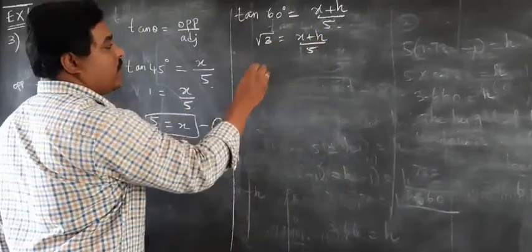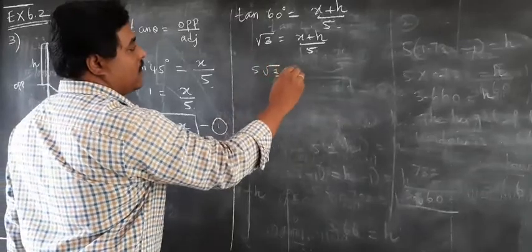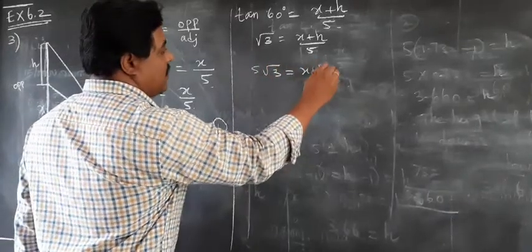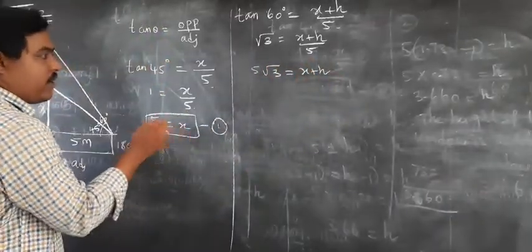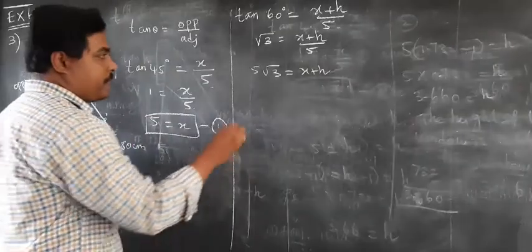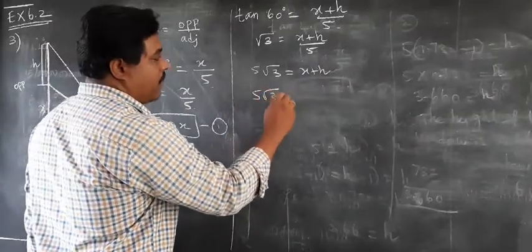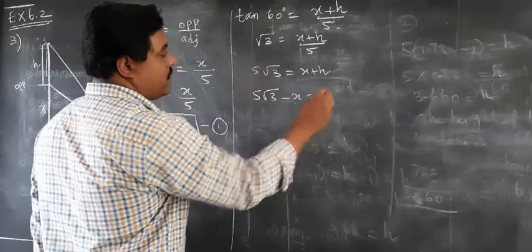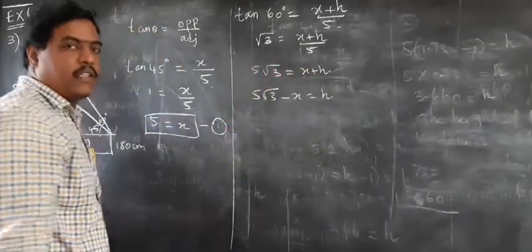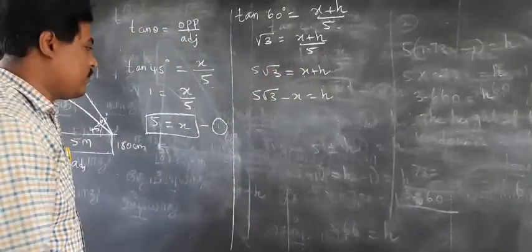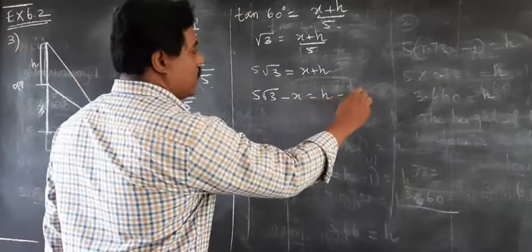So 5 into root 3 equals x plus h. We are having x equal to what? 5. So 5 root 3 minus x equals h. This x I take to this side, which means minus x. So this is equation 2.